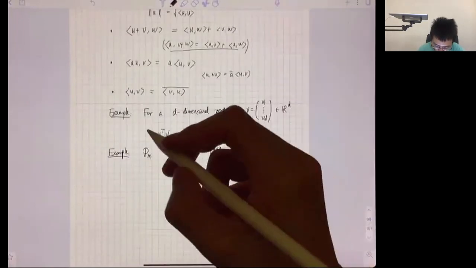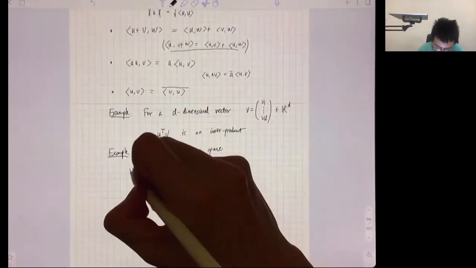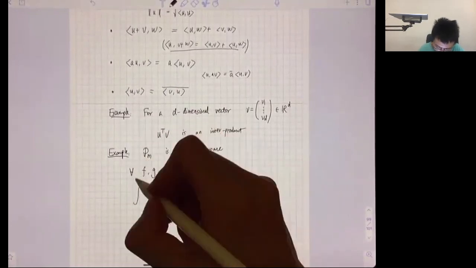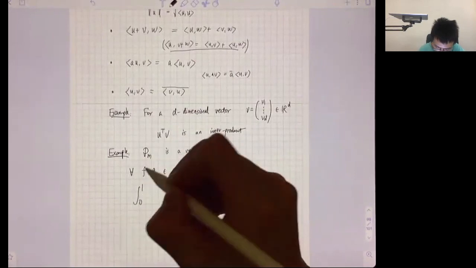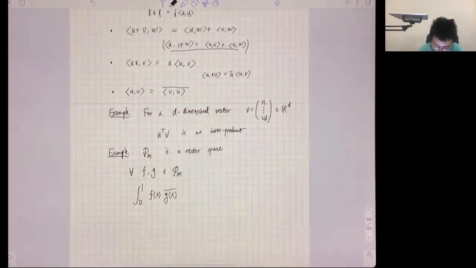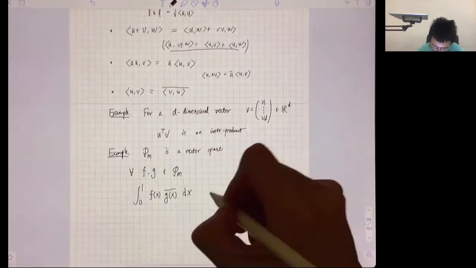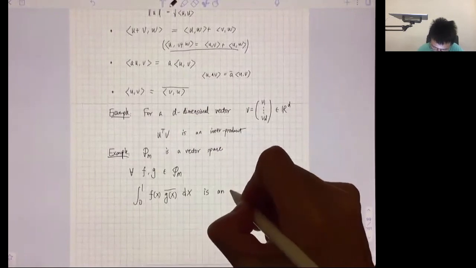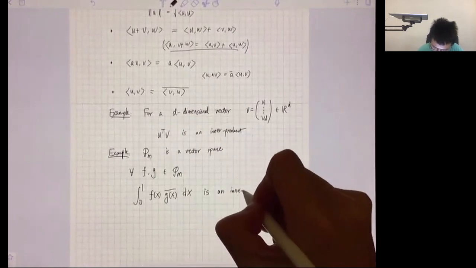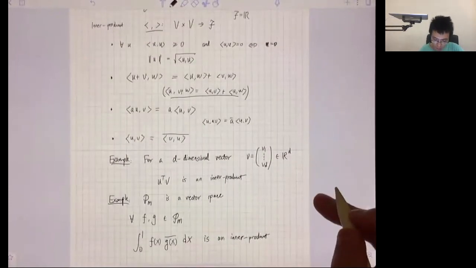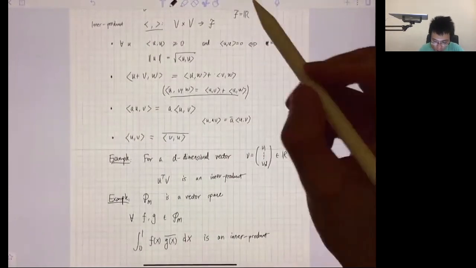And I can say for any F and G, the integral from 0 to 1 of f of x times g complex conjugate of x is also an inner product. Okay, so you can verify all the constraints.